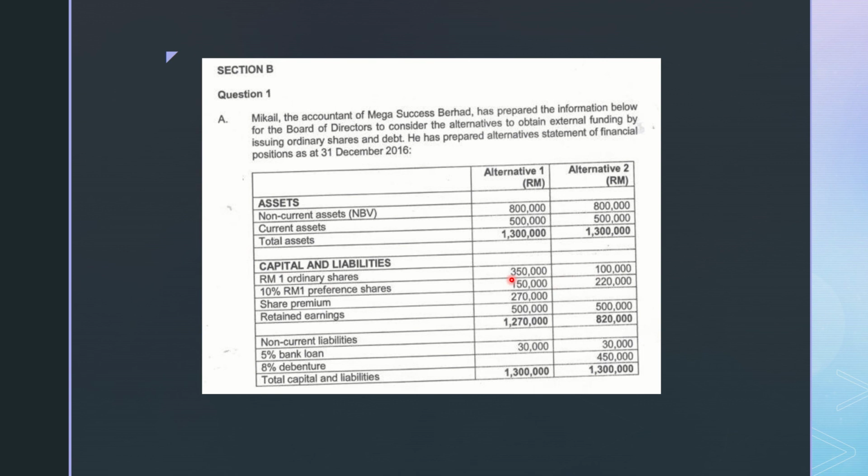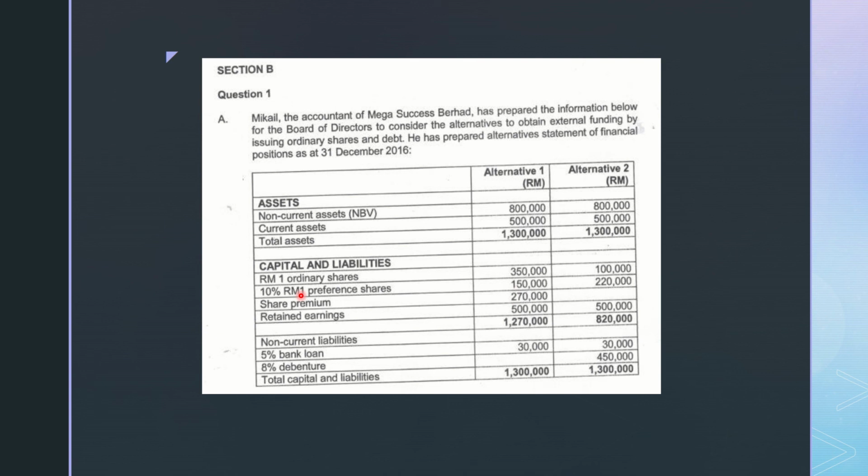Therefore, you can divide the total amount of shares by the par value of the share. So, first alternative, 350,000 divided by 1 ringgit equals 350,000. And for the second alternative, 100,000 ringgit divided by 1 ringgit, so we have 100,000 ordinary shares.